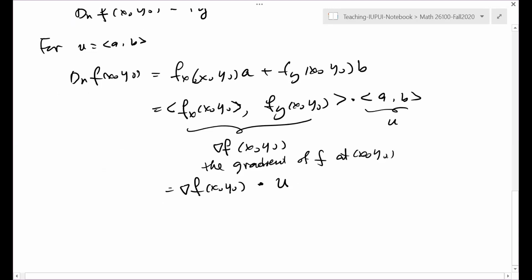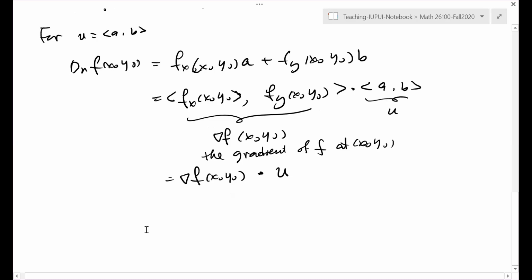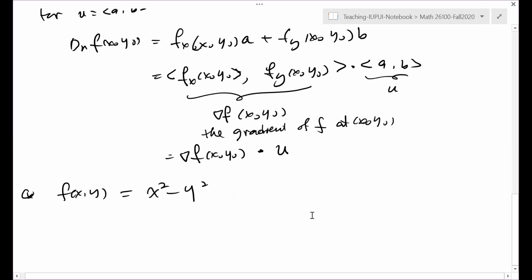Let's take a look at some examples. Here's a function h, x squared minus y squared, and the point is just the origin. The graph is a pretty strange graph. It's not easy to draw.